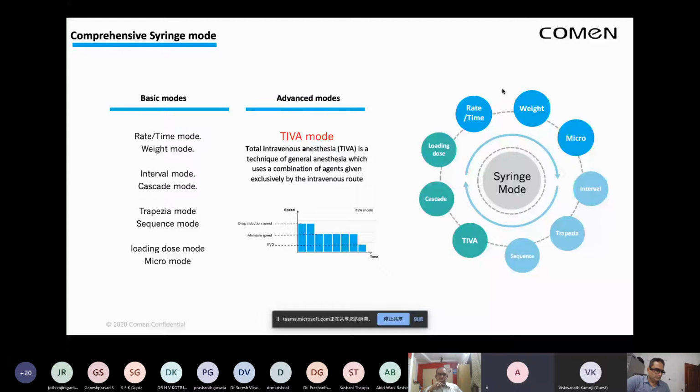Whatever syringe pump model you can see in the market, we have it, and we have some models which normal syringe pumps don't have. So our syringe pump covers most kinds of them. Next we're going to see the extensive assistant tools.